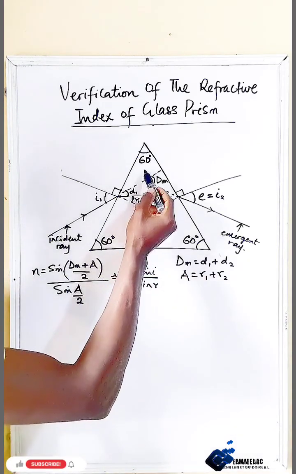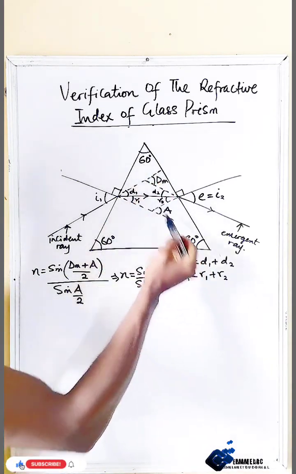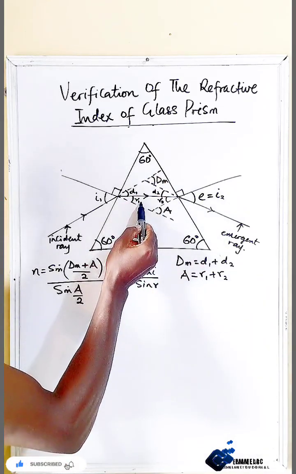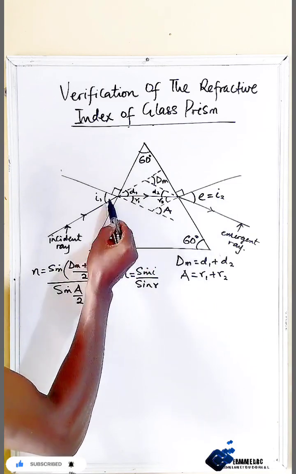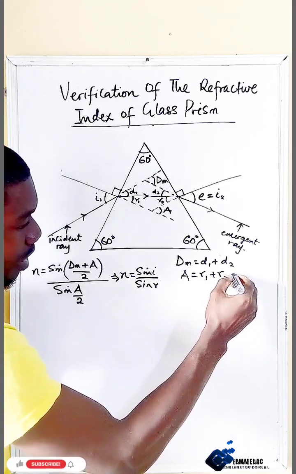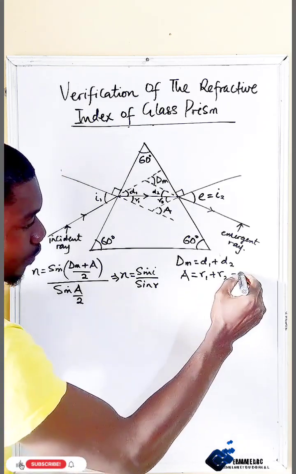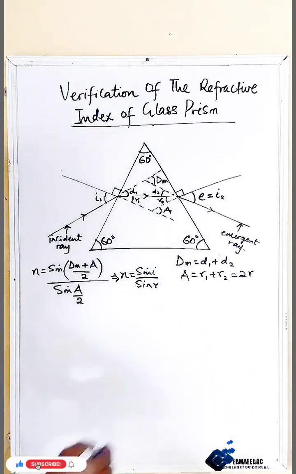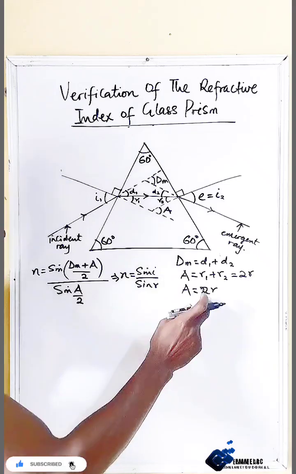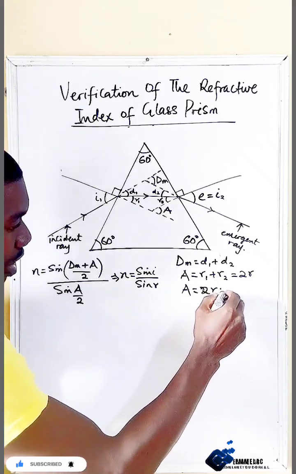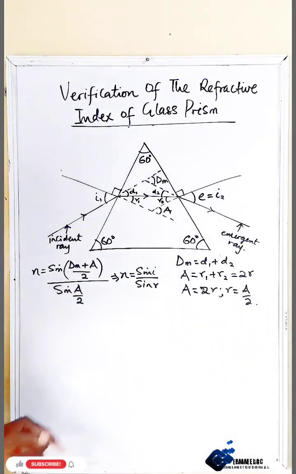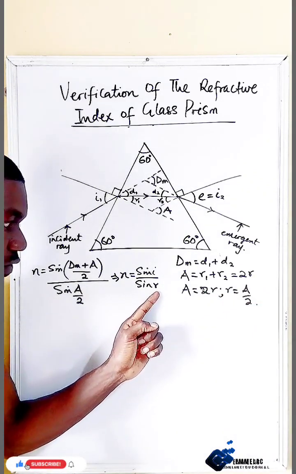Because this is an equilateral triangle, the refracted angles at both ends, r1 and r2, will be the same. So we have 2r. We can see here that A equals 2r, and making r the subject of the formula, we end up with r equals A all over 2. So we've gotten the expression for r.